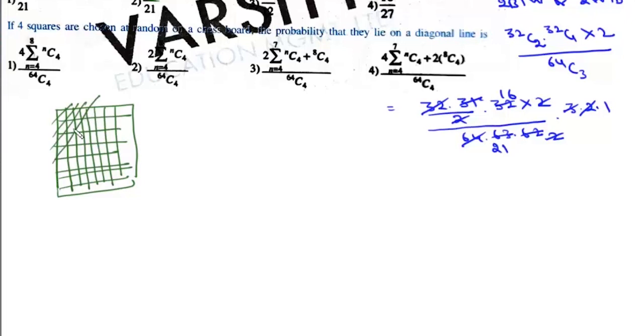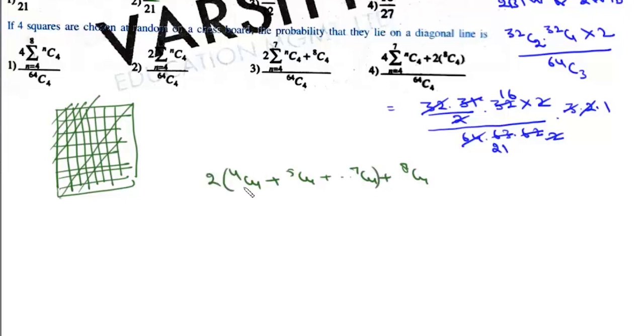We have to choose 4 on a diagonal. So it could be this 4C4 plus 5C4 up to 7C4 and then 8C4. And after 8C4, again we'll have 7, 6, 5 and 4.